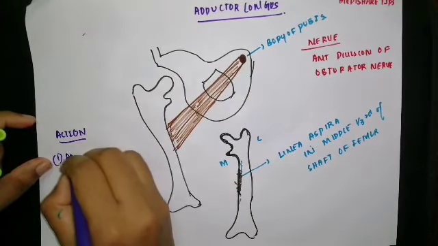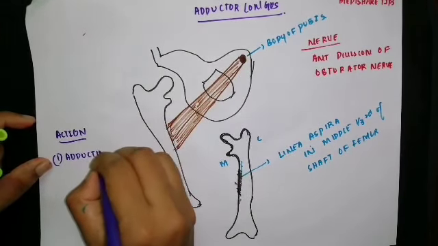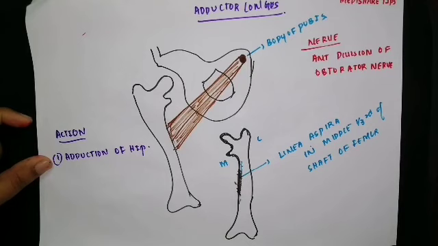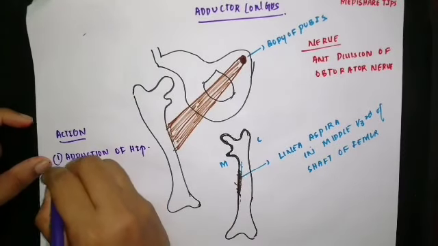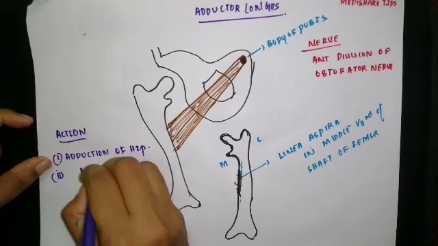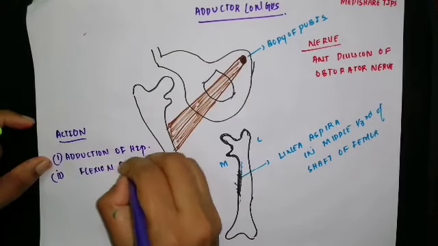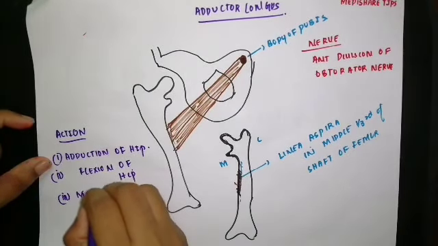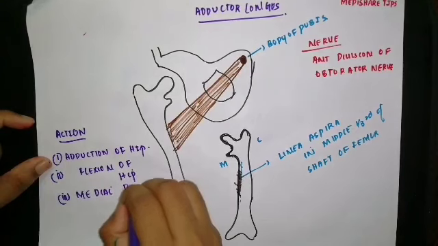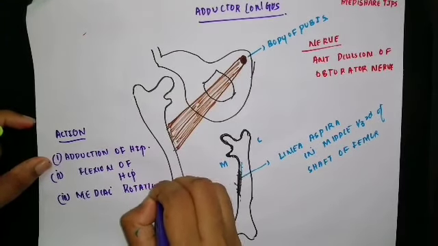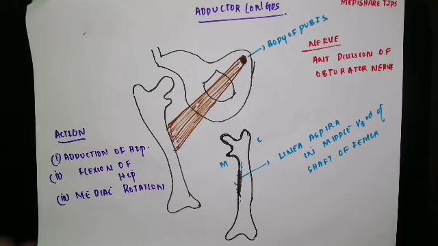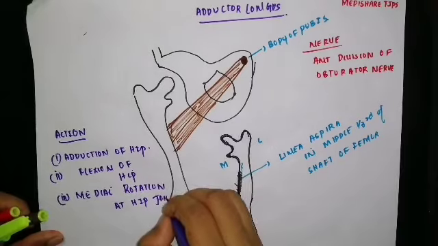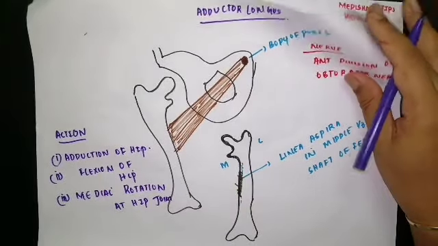The main action is adduction of the hip joint, and it acts as a posture controller. It also carries out flexion of the hip joint and medial rotation. So the actions are adduction, flexion and medial rotation at the hip joint. That's all about the adductor longus muscle.